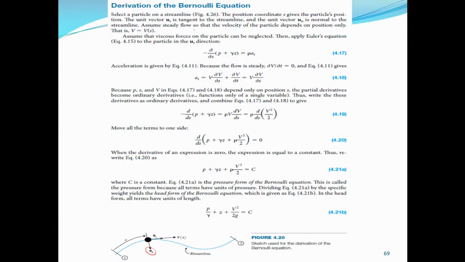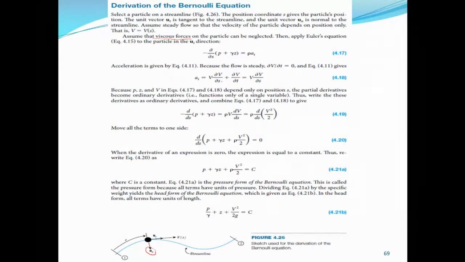So assume steady flow, so that the velocity of the particle depends on position only. It doesn't depend on time. And assume that viscous forces on the particle can be neglected. This is another one of the assumptions for the Bernoulli equation, that viscous forces on the particle can be neglected, most especially closer to any solid boundary. If viscous forces can be neglected, then we apply the Euler's equation.